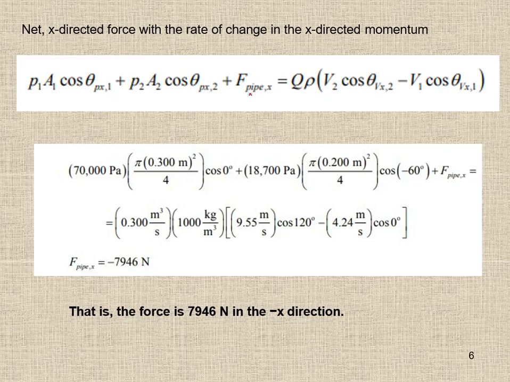The reactive force or the anchoring force in the x direction is this. And the equation of conservation of momentum we have written straight away: rho Q times V2 cos theta at the exit minus the component of velocity at the inlet in the x direction.